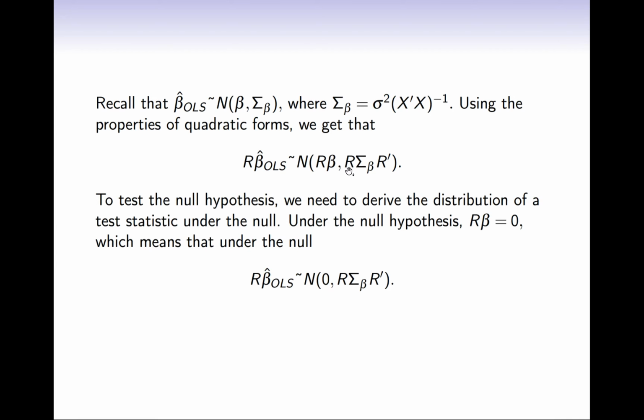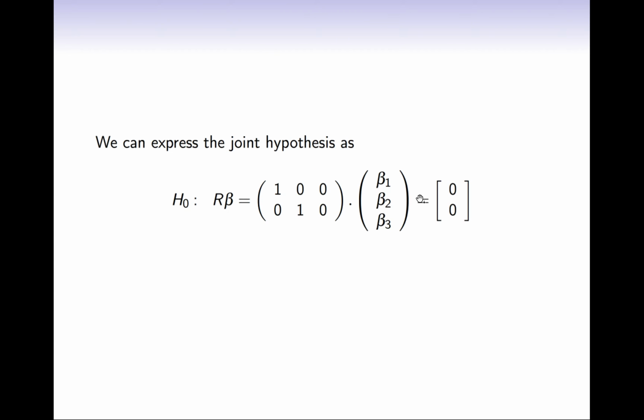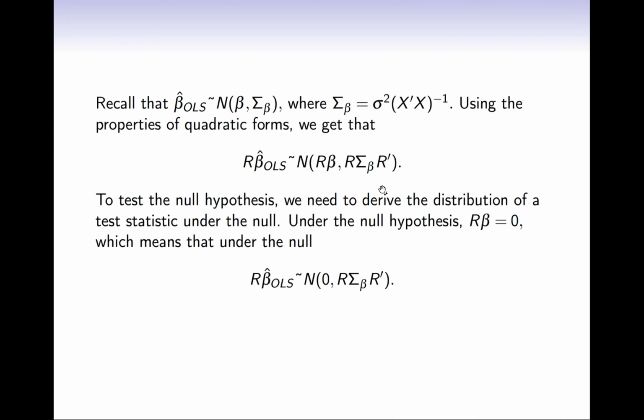It has this distribution, just using those properties from the earlier slides about quadratic forms. So to test the null hypothesis, which we wrote as R beta equals 0, we're going to impose the null. So under the null hypothesis, this should be the distribution of R beta hat.